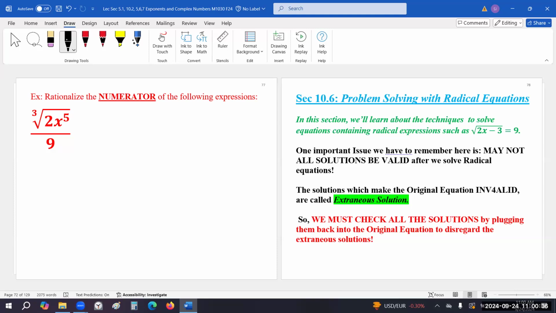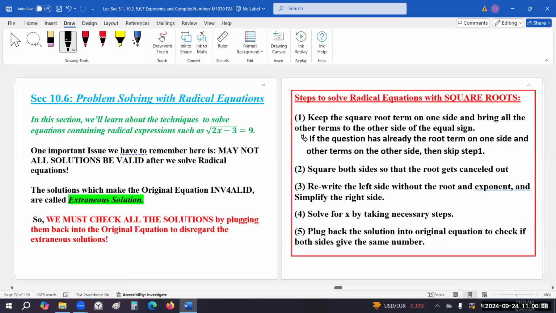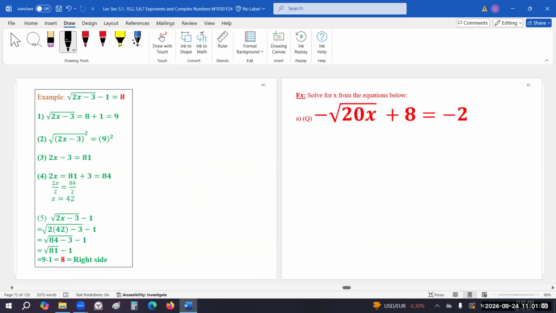10.6 is radical equation. So instead of having a radical on the top or on the bottom, we have the radical equation, and our goal is to erase the radical from the equation. So do whatever steps necessary so that you can erase that thing. All the details you can skip. Let's do some examples. Let me tell you the rules.